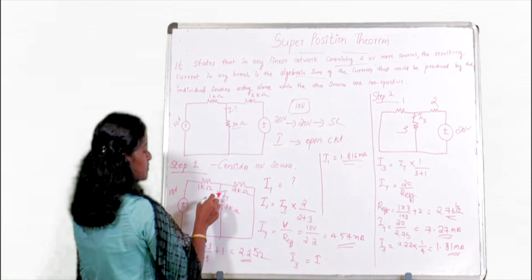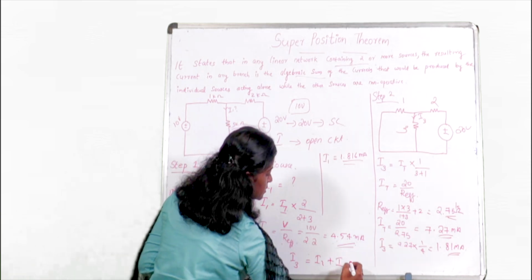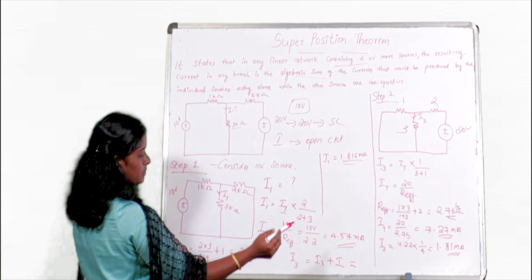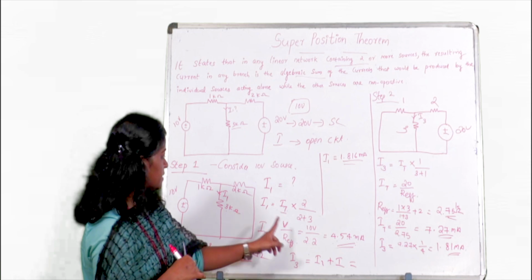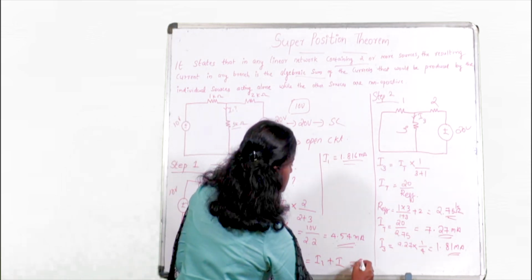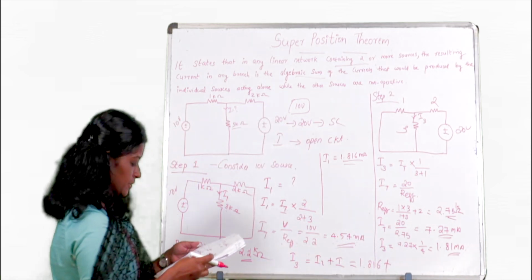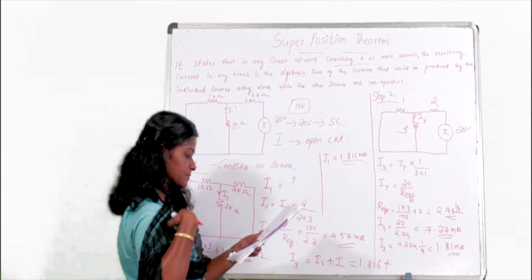That means the current I1, which we already got as 1.816, plus this current.